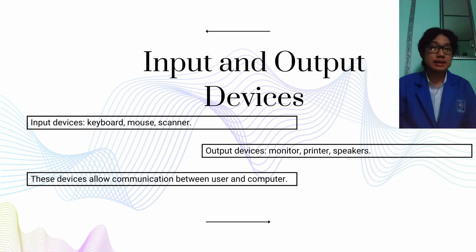Output devices such as the monitor, printer, or speaker show us the result. For example, when we type something using the keyboard, the monitor displays what we type. That's how input and output work together.